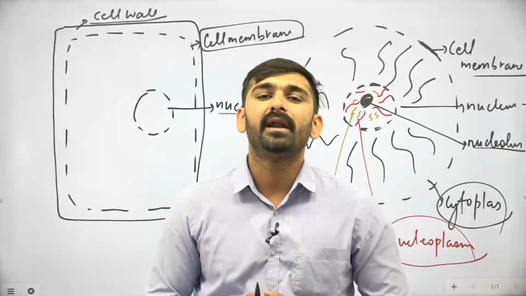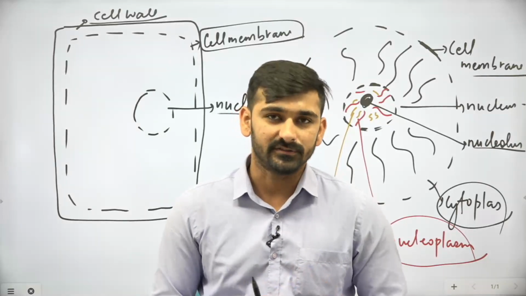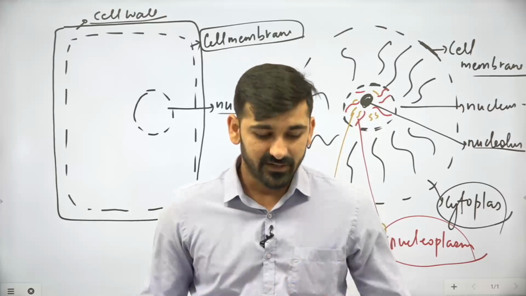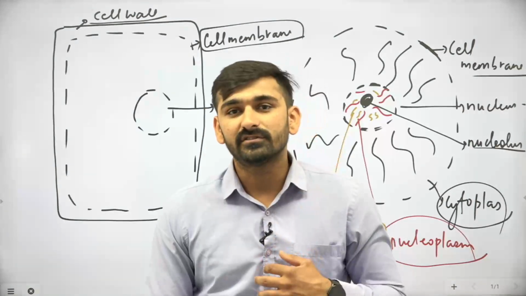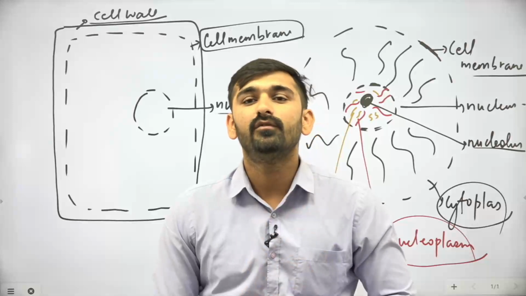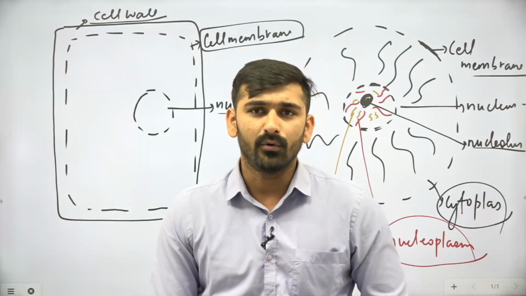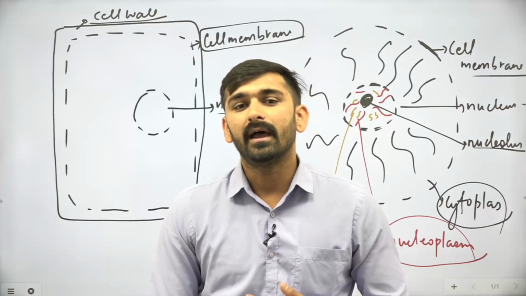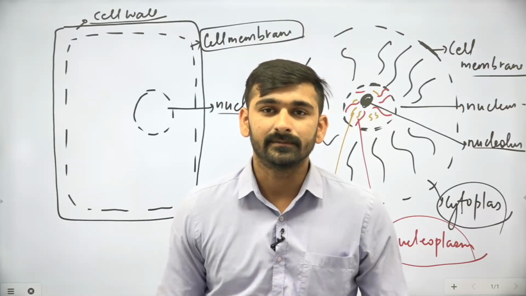Our body is made up of trillions of cells, and all these cells have different functions. That's why we perform different functions: we breathe, we take in oxygen, we take out carbon dioxide, and the food is digested. There are many more processes happening inside our body, and all these processes are regulated by these cells. That's all for today.